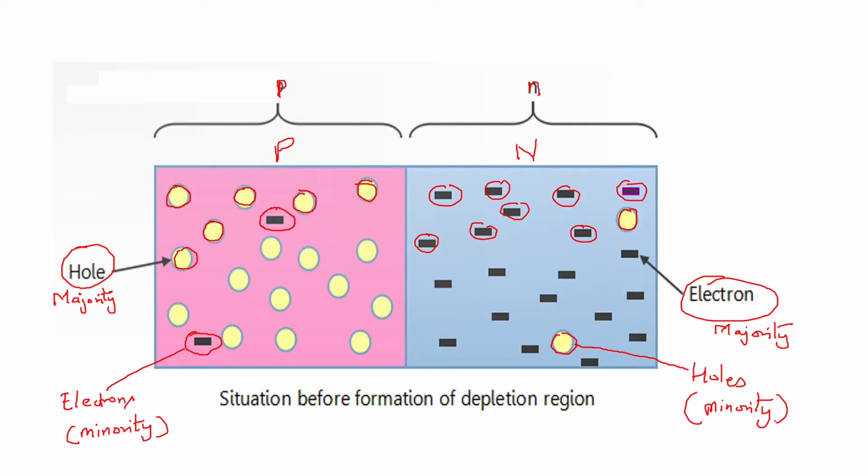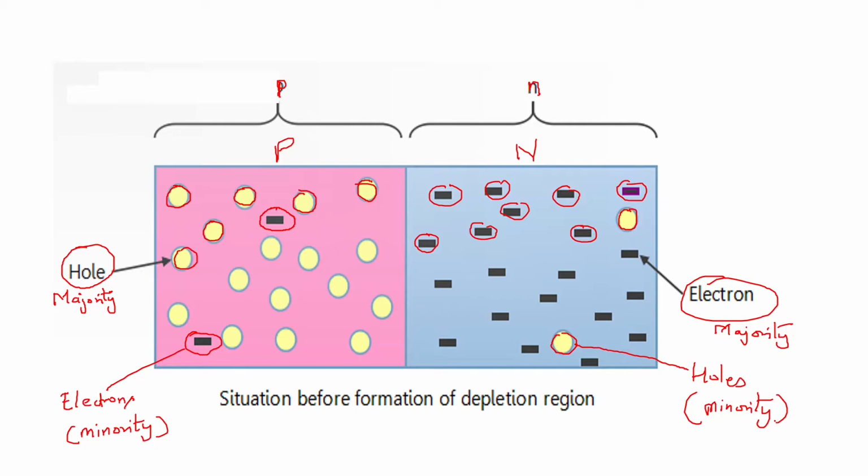Now this is the basic theory you should know when you join a p-type semiconductor with an n-type semiconductor. As we know, electrons are negative charge carriers and holes we assume as positive charge carriers.